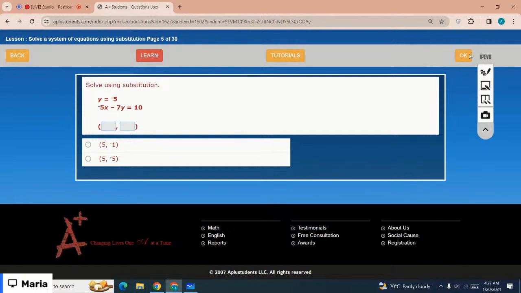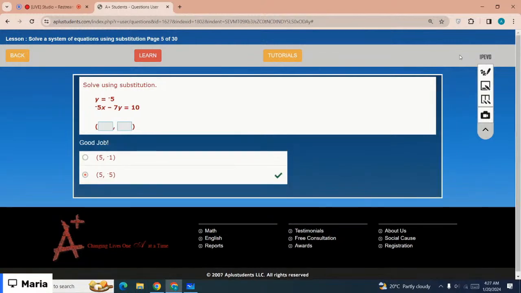The correct option is option number 2. 5 and negative 5 is the correct option.